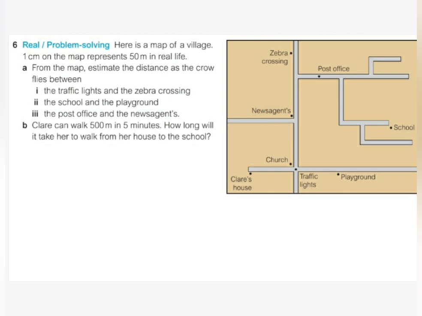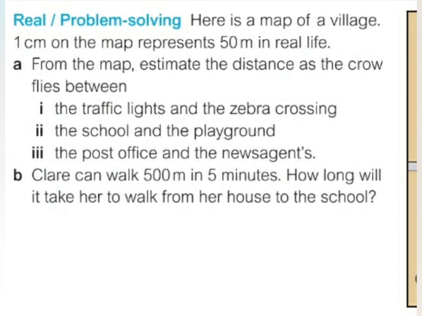Now, how do we answer a question like this? On the map here, it says that 1 centimeter represents 50 meters. What do we call this? Very good, we call it a scale because it uses the map and real life. So a scale uses real life and the map.